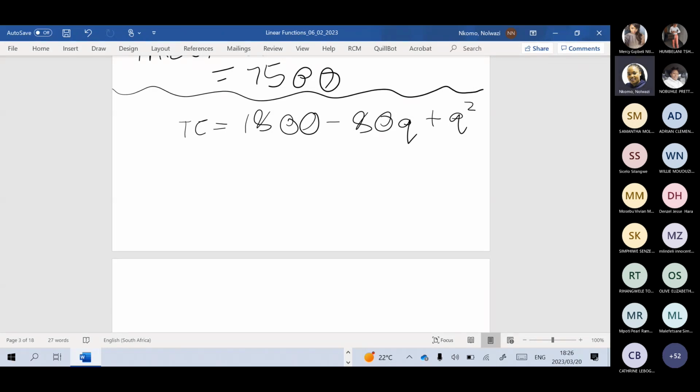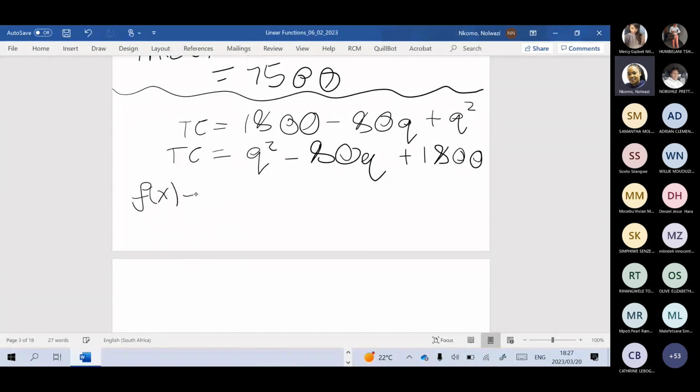Let me write this as Q squared minus 80Q plus 1,800. You take this function and compare it to the standard quadratic equation, which is f(x) equals ax squared plus bx plus c.